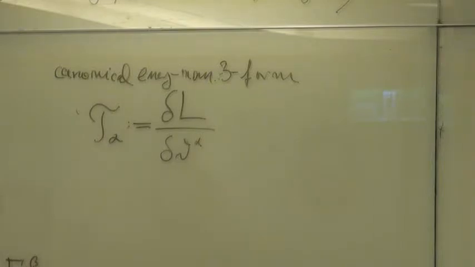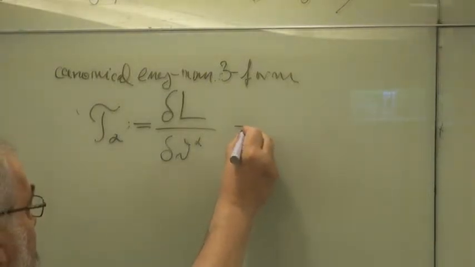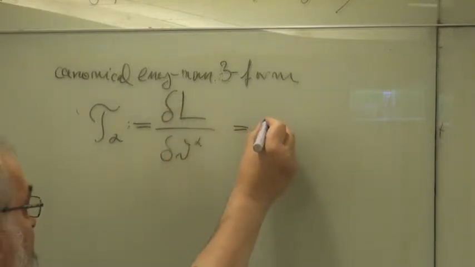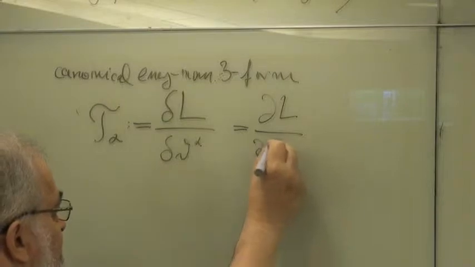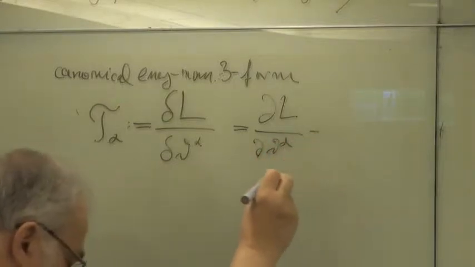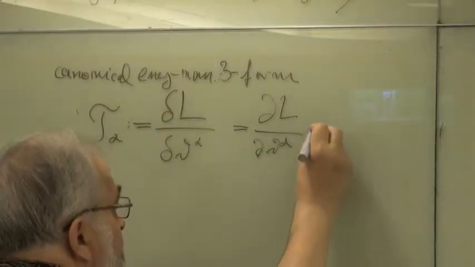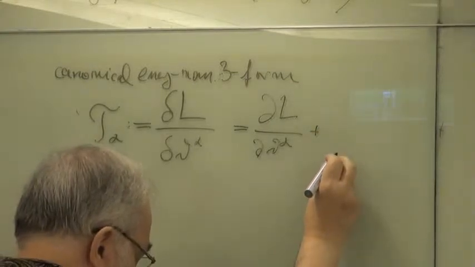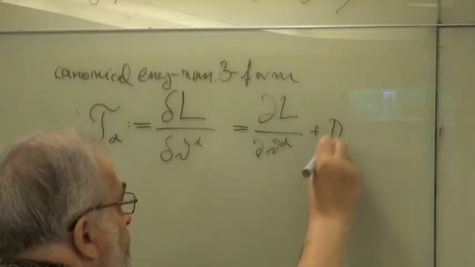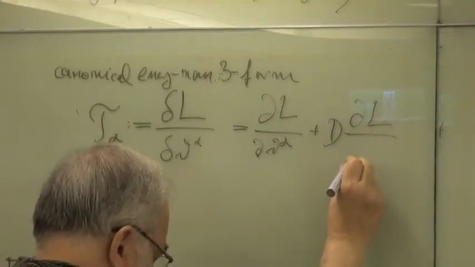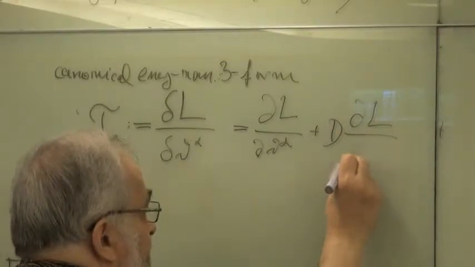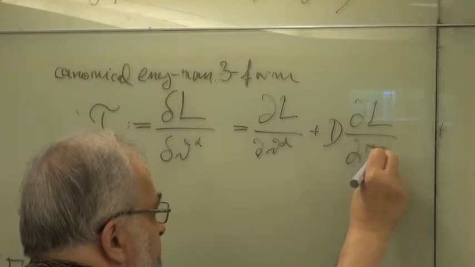Which of course I can write out as, this is just an abbreviation for partial L over partial theta alpha, plus, because we have here an even form, d of partial L over dT alpha. T is the torsion.